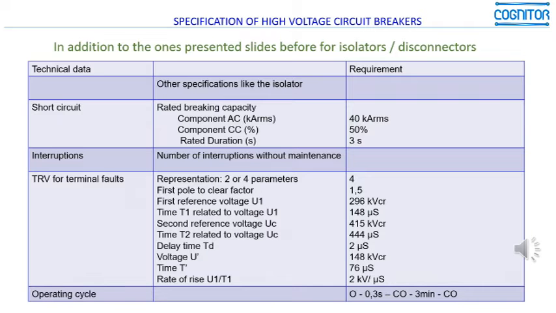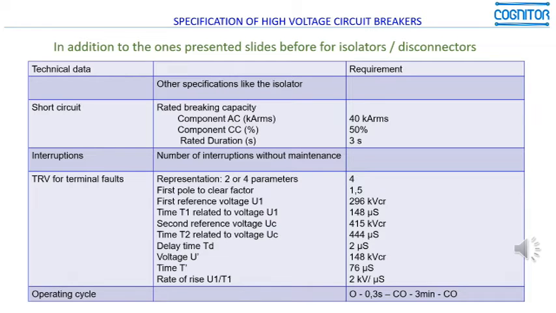We have here one part of one specification of a circuit breaker done by a power utility, and I inserted here not all the specifications because the other ones are quite similar to the ones that we showed for the isolator some slides before.